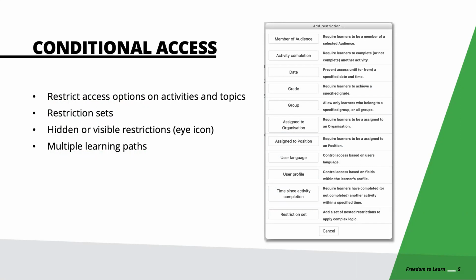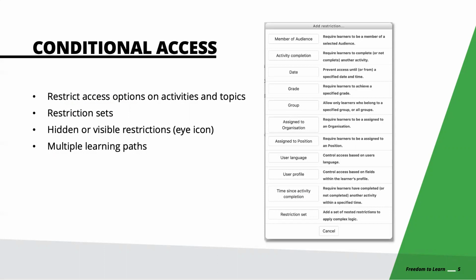The other part of adaptive learning is setting restricted or conditional access. Now this functionality is very powerful, and when you pair it with activity and course completion, primarily activity completion, this is where you can build that adaptive learning path and control access and visibility to different learning items within a course.